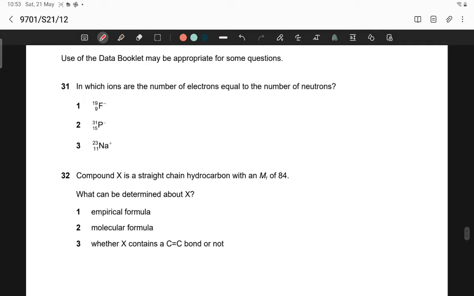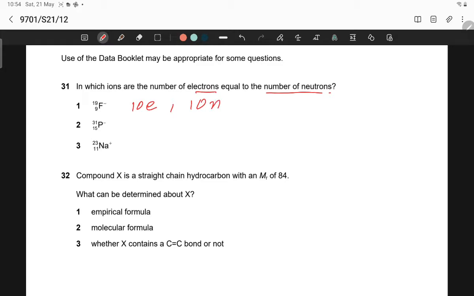Question number 31. In which ions are the number of electrons equal to the number of neutrons? In this, 10 electrons and 10 neutrons.